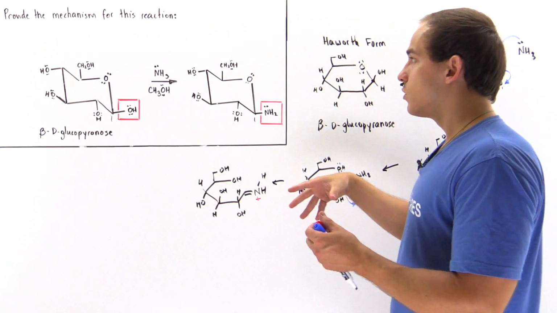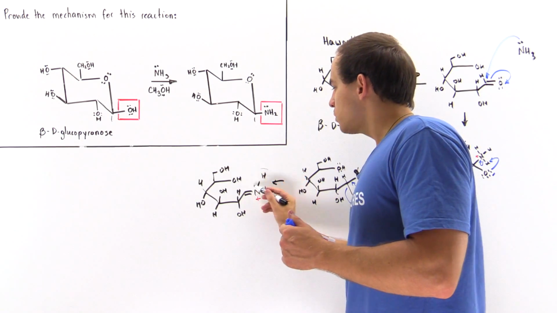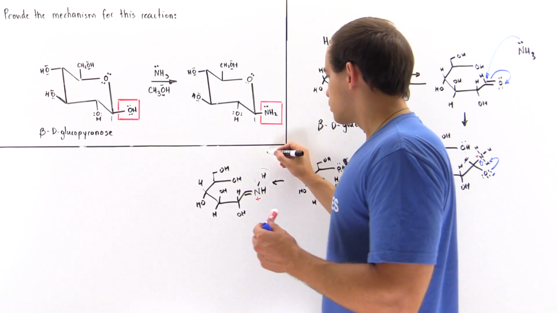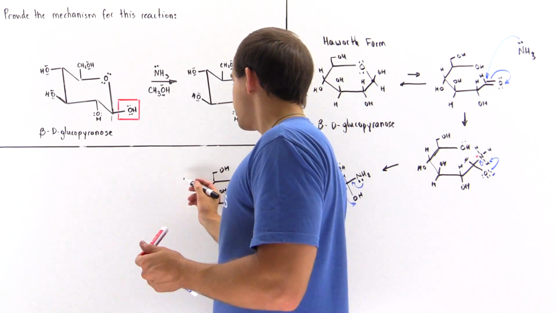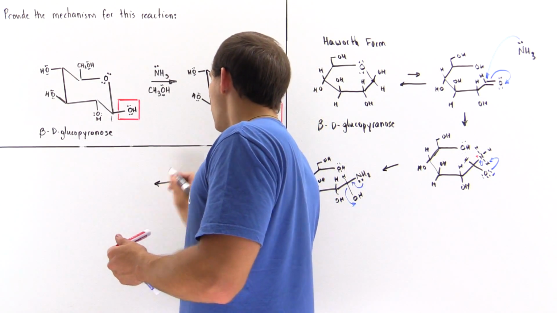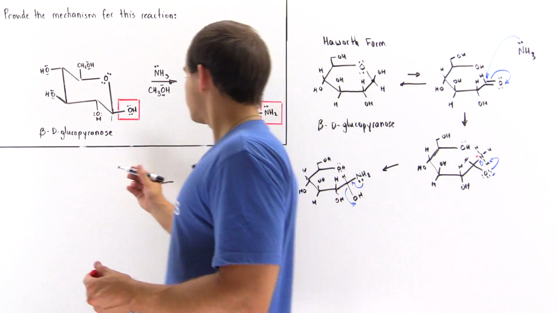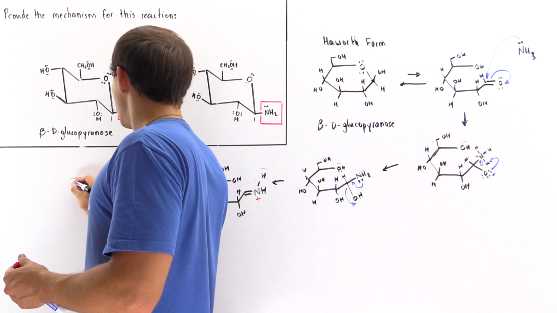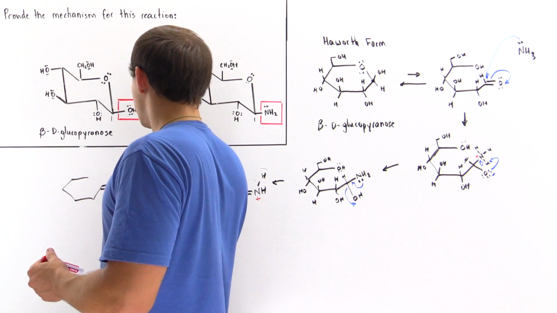In the next step, we have a base that is present in the mixture that deprotonates this H. So we have a base, let's say this ammonia, that acts to deprotonate. And in this step, we form our molecule known as the imine. So we form this molecule here.